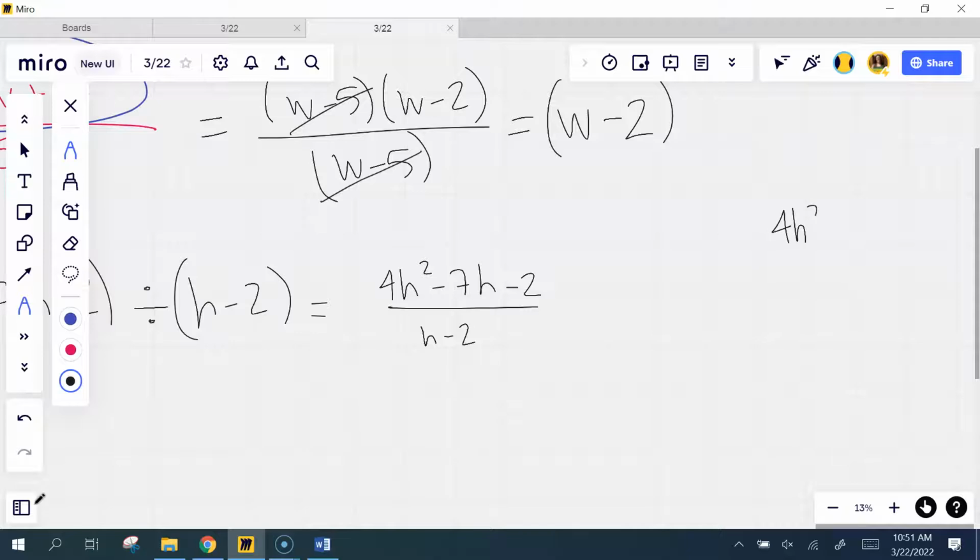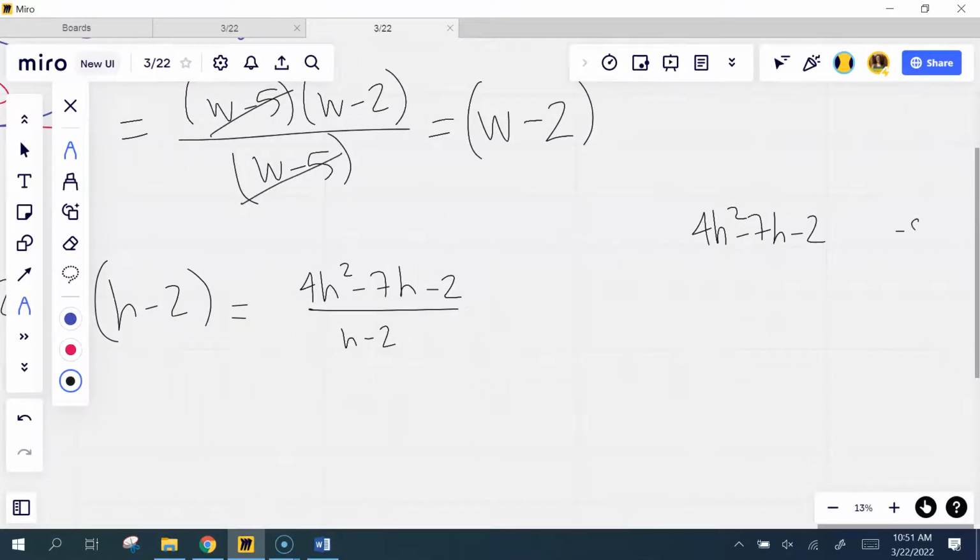I'm going to come off to the side to do it as you guys do it. Multiply. Why can I not shortcut this one? That's right, there's a 4 in front. So what multiplies to negative 8h squared but adds to negative 7h? Negative 8 and positive 1.